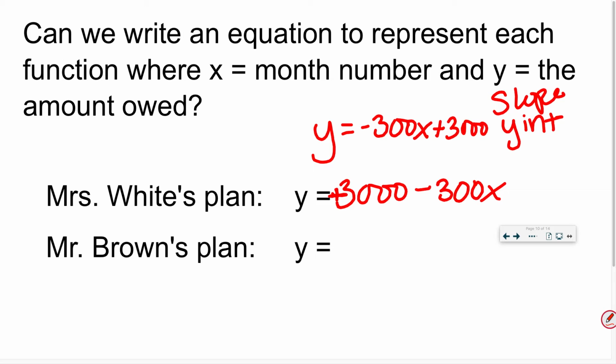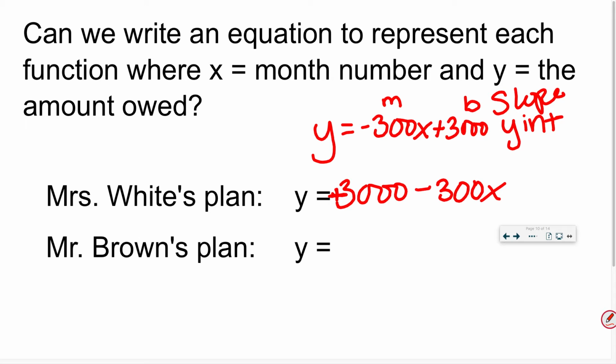When we graph, our strategy in slope-intercept form, y equals mx plus b, is actually the top equation, where m is your slope or your rate of change, that negative 300, and b is your 3,000. You are not forced to write your equation in slope-intercept form. What we want you to understand is the difference between your rate of change and your initial value, no matter how you write your equation.